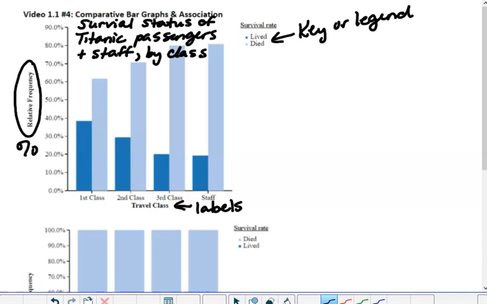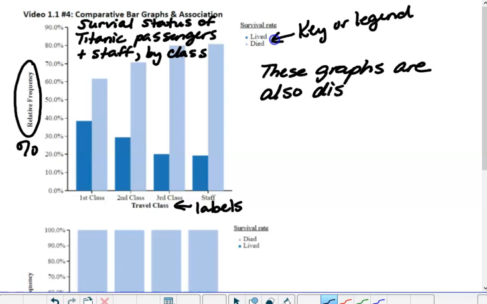Notice that this is a distribution of data also. These graphs are also distributions of data because they tell us two things.